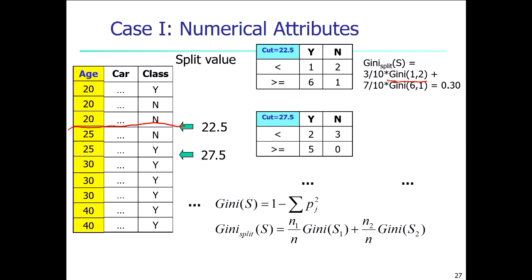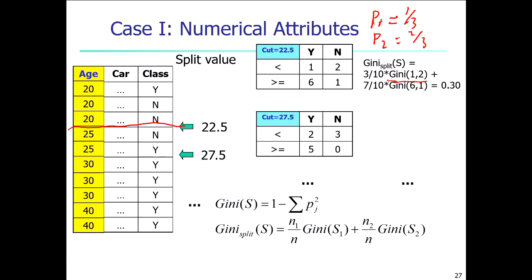So in this case, P1 equals 1 over 3 and P2 equals 2 over 3.